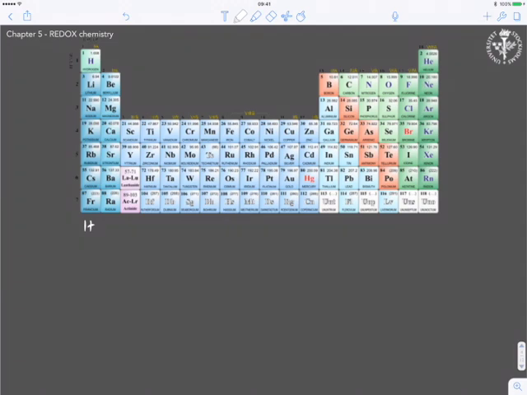The group 2 will be more likely to have 2 plus. The famous ones are calcium 2 plus and Mg 2 plus. When they are under the ionic form, they're actually losing those 2 valence electrons, giving those 2 electrons away. They're getting oxidized.